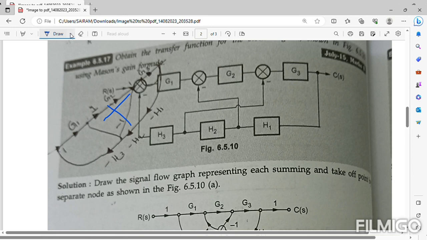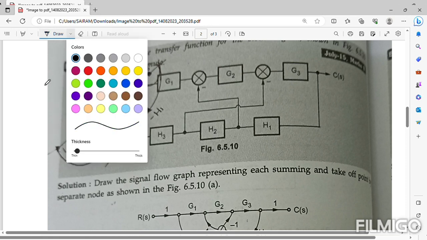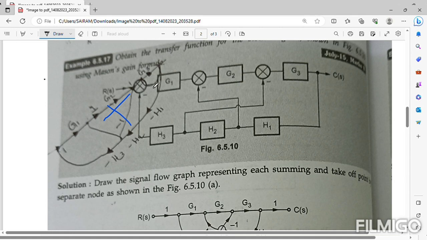According to the diagram, how many summing points and how many takeoff points are there? Let us see, because all the summing points and takeoff points are to be converted to nodes, the equivalent in a signal flow graph. Here, the ones highlighted in black are all takeoff points.